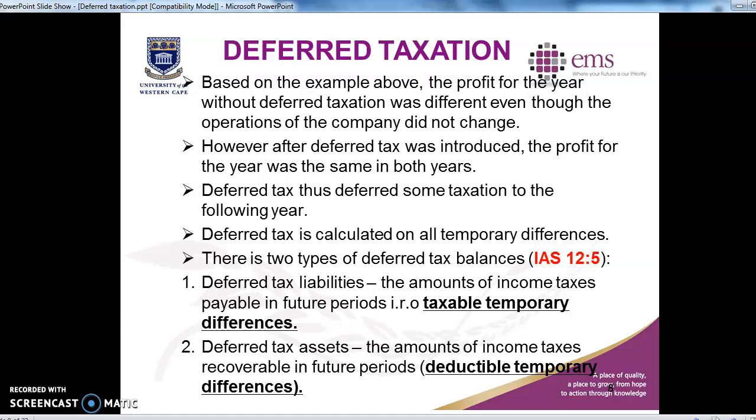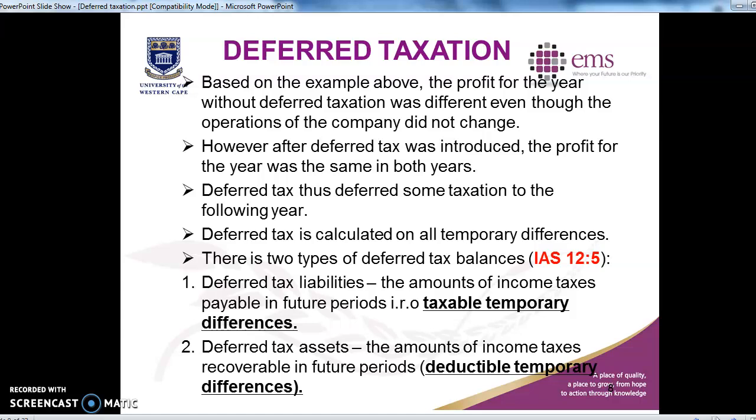So then we have two types of deferred tax balances. We have a deferred tax liability. So this means that the amount of income tax is payable in future, right? We have a taxable temporary difference.